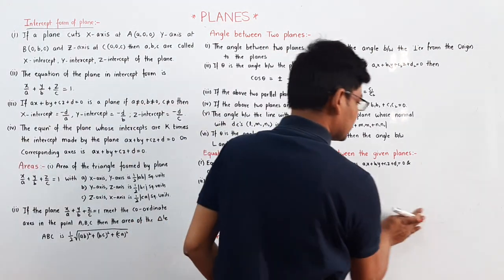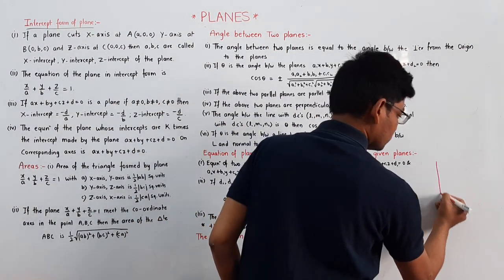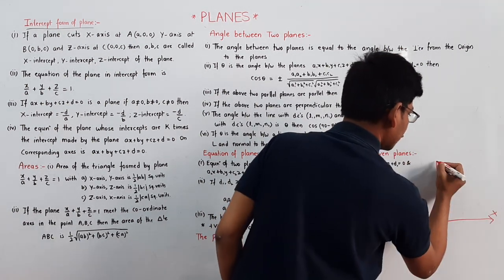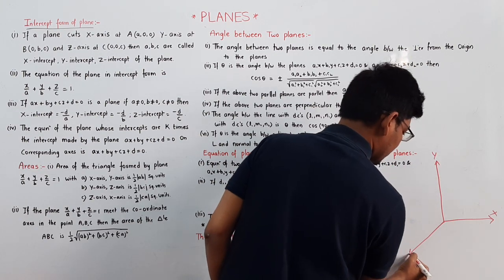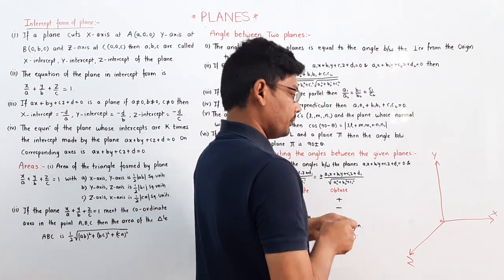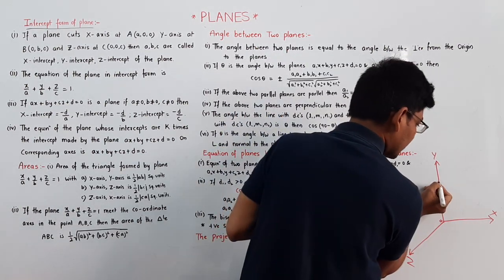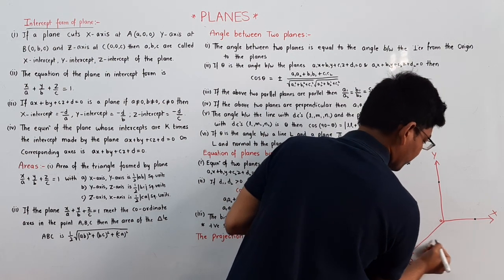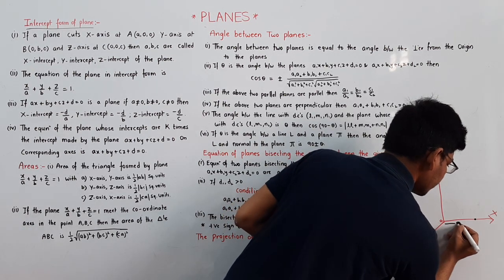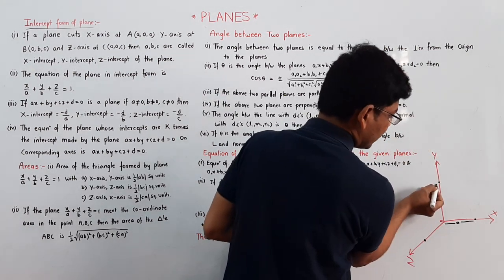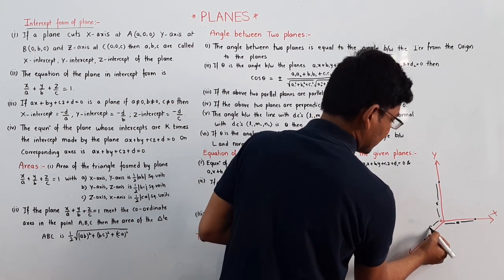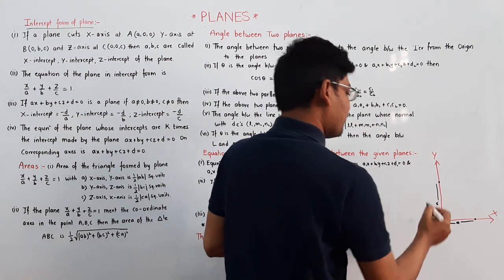So let us take the 3D coordinate system. This is the x axis, this is the y axis and this is finally the z axis. This is the origin O. If a plane is intersecting the 3 coordinate axes, the distance is a on the x axis, b on the y axis and c on the z axis.